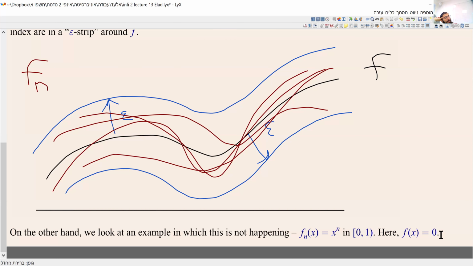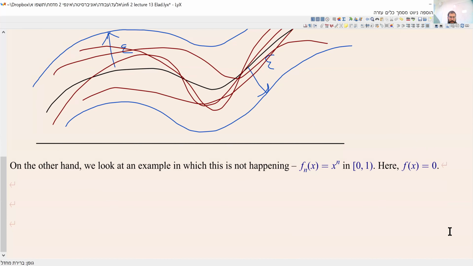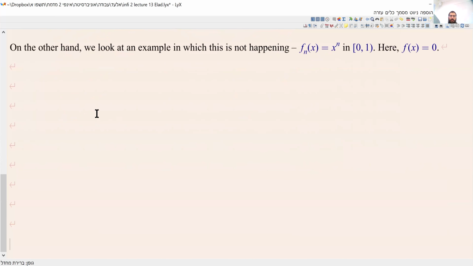When 1 is included, then 1 to the power of n converges to 1, and the function is a piecewise function. But when we remove 1 from the segment, the function is always 0.